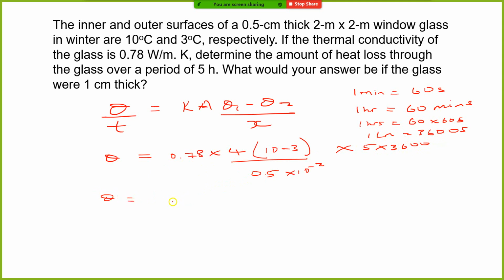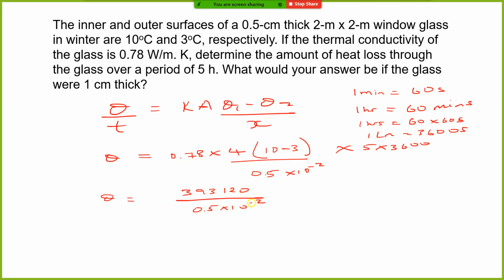So at the end of the day, when you do work out all of this, we can work out, let's just do it for the fun. So 0.78 times 4 times 7 times 5 times 3,600. So the numerator is this, and then I'm dividing that now by 0.5 times 10 to the minus 2.